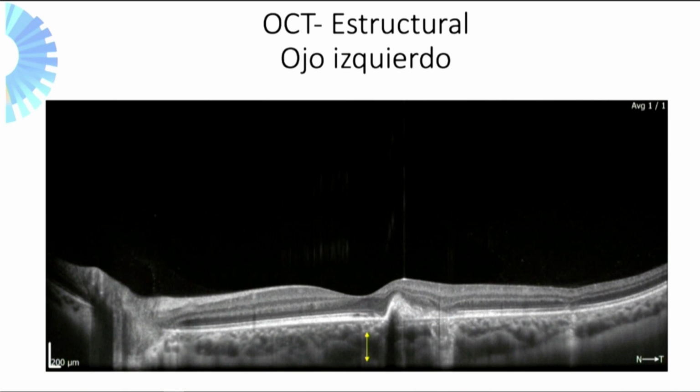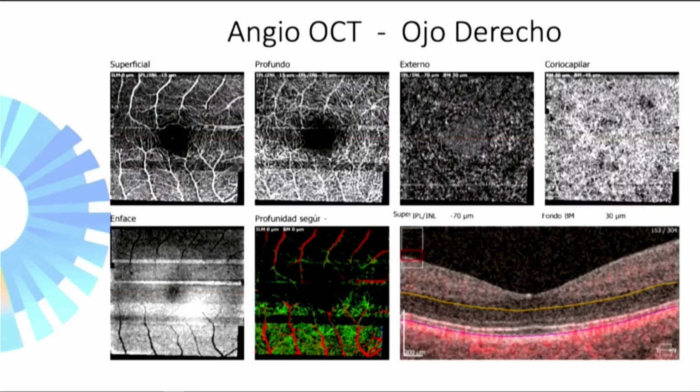We see this hyperreflective material, fibrinoid tissue, and the loss of continuity of external retinal layers. We see how the light is transmitted to the choroid because there is loss of cells and nuclei. So we see these zones of atrophy of the pigmented retinal epithelium, this fibrinoid material in blue, and detachment of the retinal pigmented epithelium.